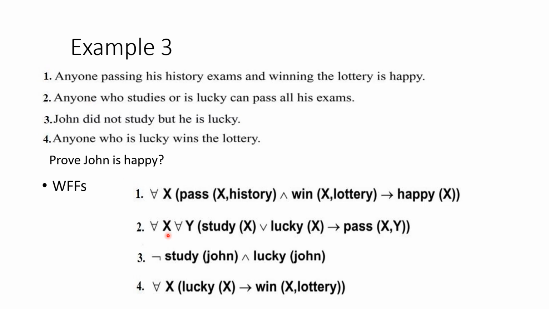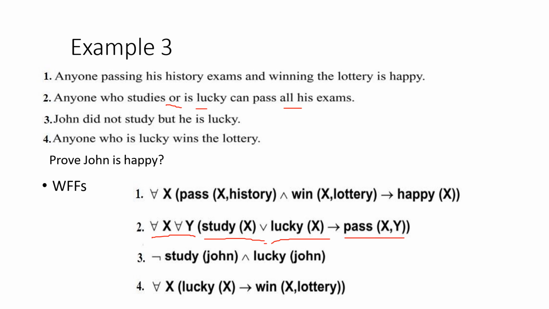For representing anyone we need for all x, and for representing all his exams we need for all y. So for all x, study x or lucky x implies pass x comma y.